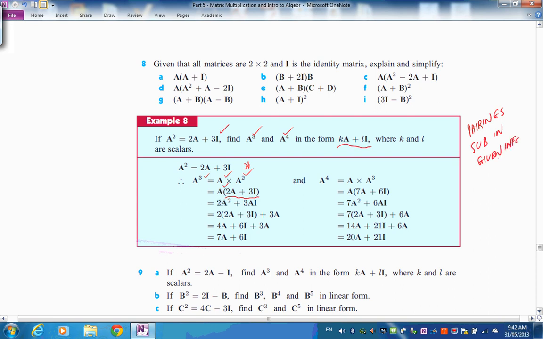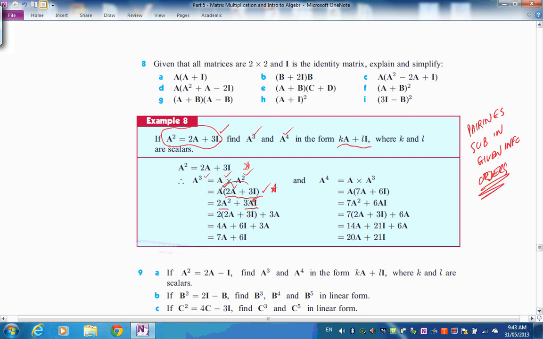So here we said we wanted A by A squared, and we notice A squared is what we were given. So pop it in there, and now this will be A by 2A or 2A squared, A by 3I, 3AI, and that A should be to the left of I because it's to the left of I up here. Watch the pairings and the order. Orders are important here.